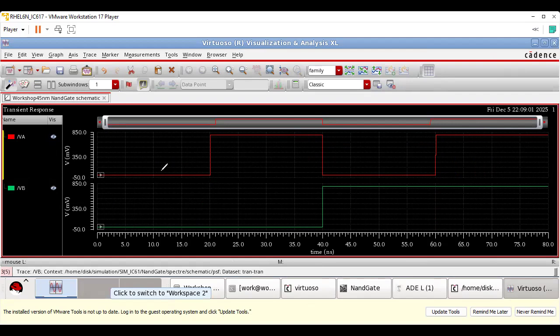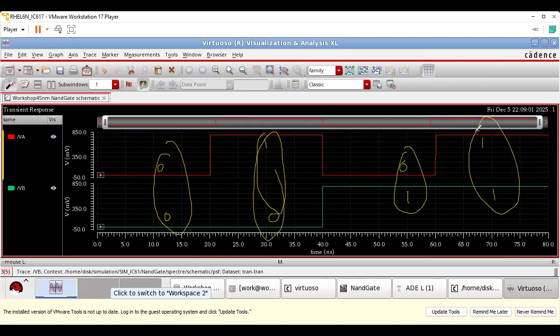This is 0, 1, 0, 1. This is 0, 0, 1, 1. Right? So it has become, see, this is a case of 0, 0. This is 1, 0. This is 0, 1. This is 1, 1.